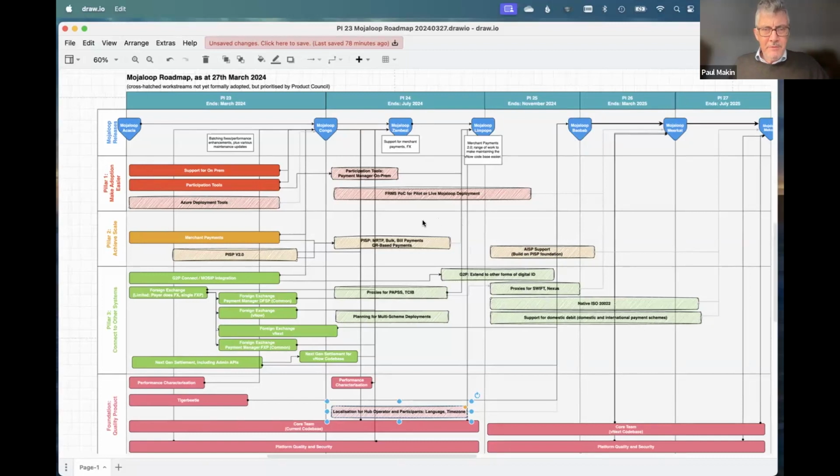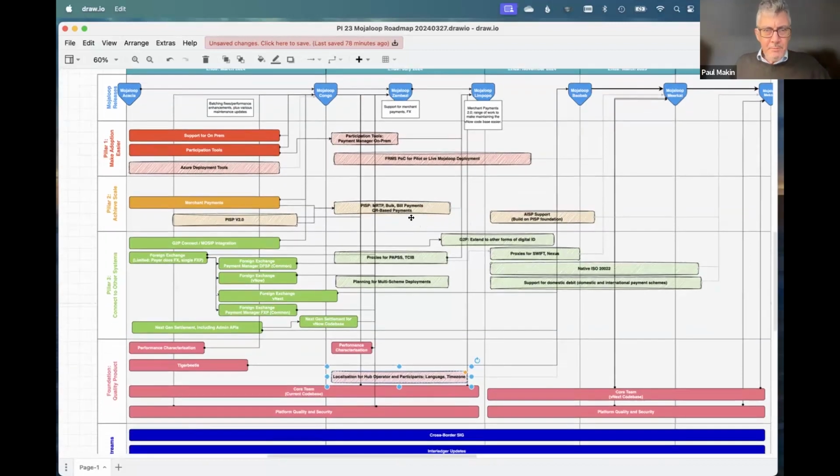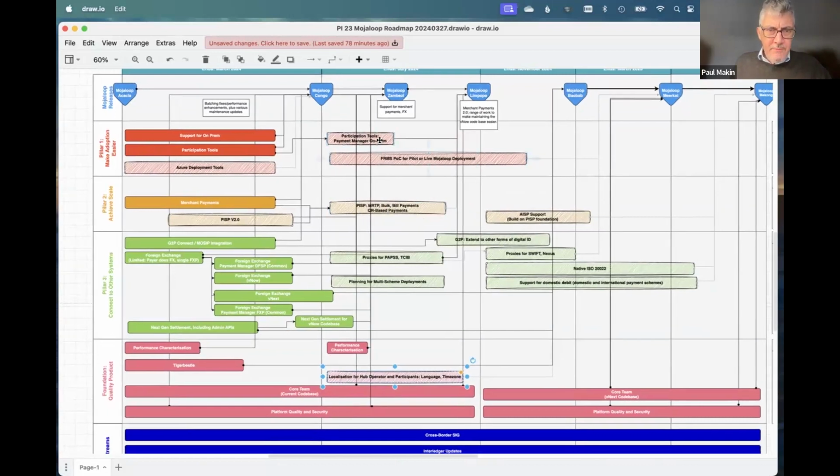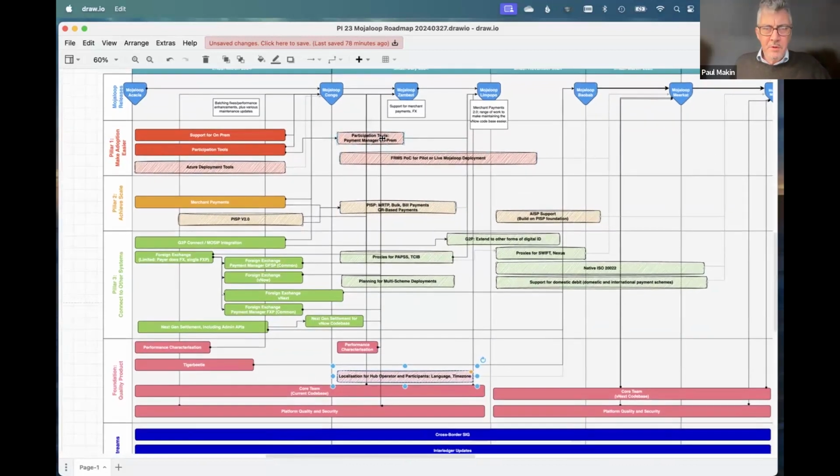Finally, before I hand over to James, I hope you're waiting. There are 4 workshops this afternoon which are about the work streams for the next PI. So we're going to talk about participation tools, PISP for merchant payments in particular, the proxies for PAPS and TCIB, which will also address the planning for multi-scheme deployments, and localization.